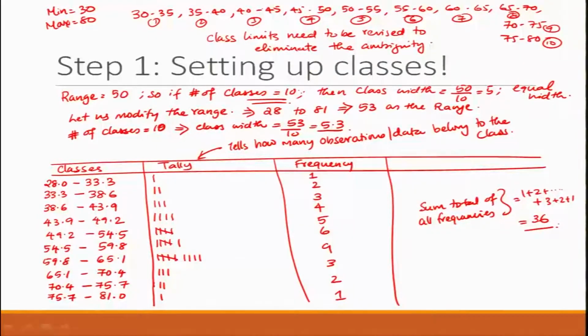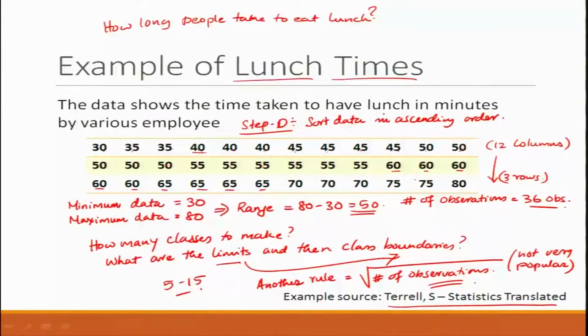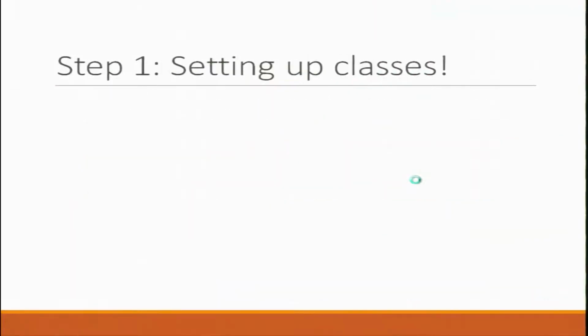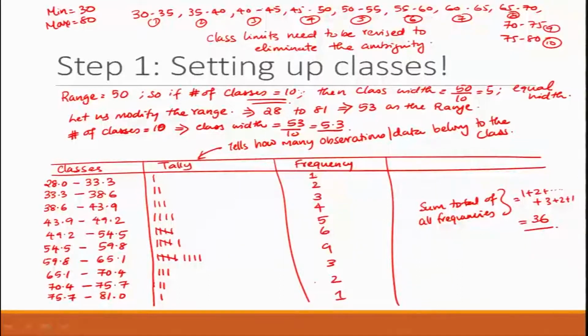So, this is the sum, 36. 3 plus 2 is 5, 5 plus 1 is 6, 6 plus 9 is 15, 20, 26, 30, 33, 35, 36. So, all the observations are put into each one of the classes. Now, we lost the individual values, these are no longer there. Instead, what we have is how many of them belong to each class.